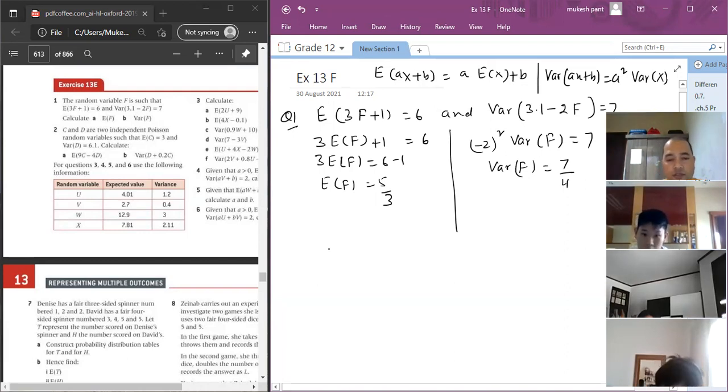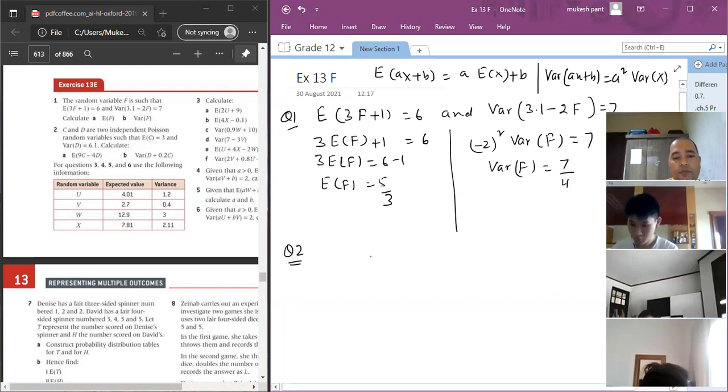Now, after this one, look at question number 2. C and D are two independent Poisson random variables such that E of C equals 3 and variance of D equals 6.1.